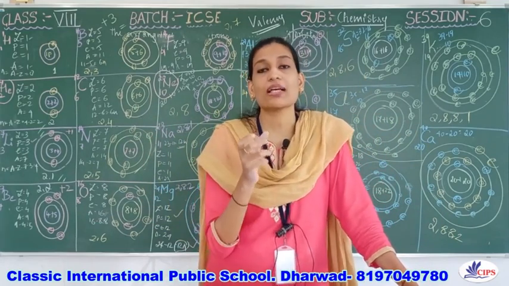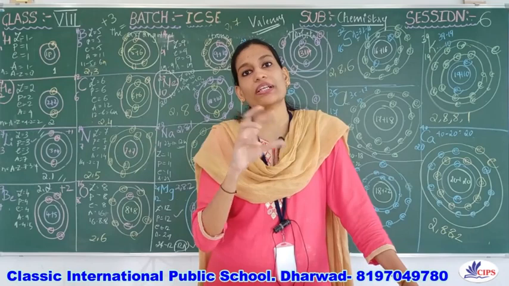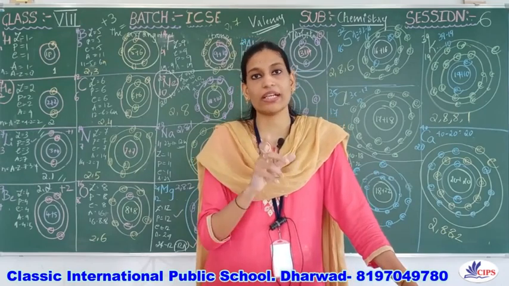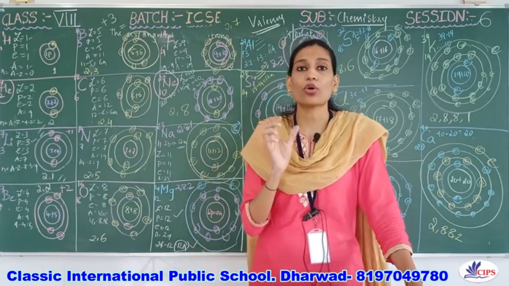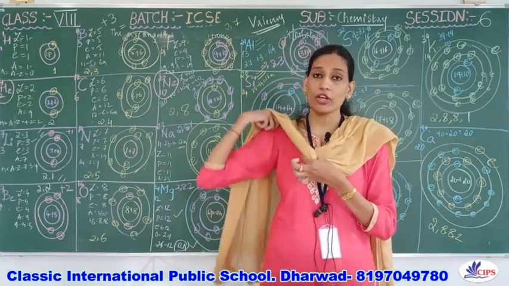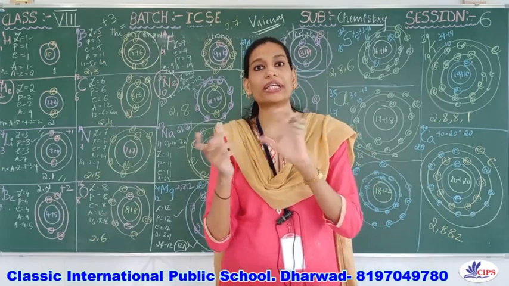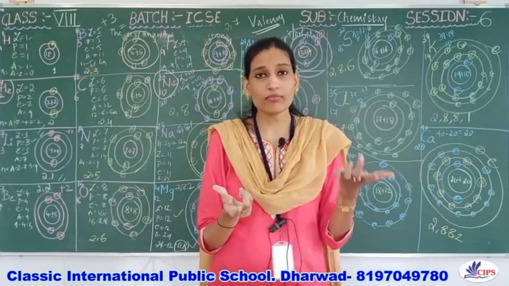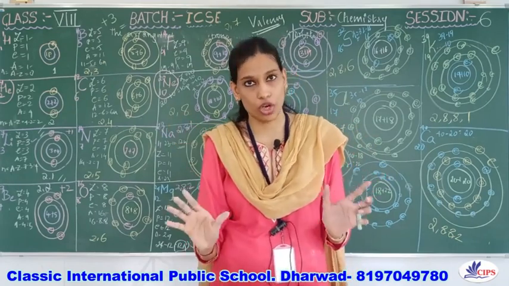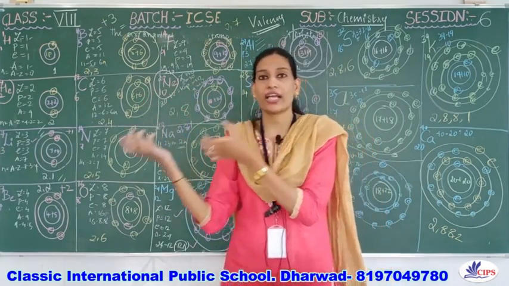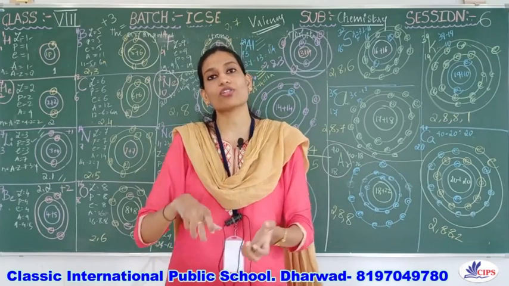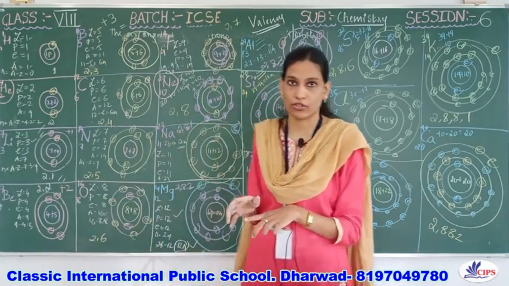We call it a metalloid. It has intermediate properties. I have explained it in chapter number 3, elements, compounds and mixtures. Metalloids are those elements which have intermediate properties of both metals and non-metals. So here carbon is a metalloid because it can gain electrons and also lose electrons.